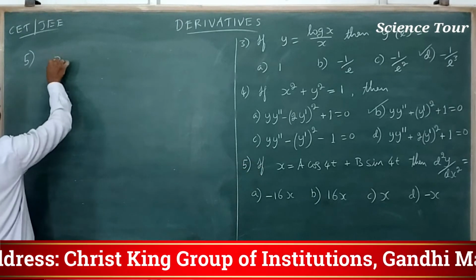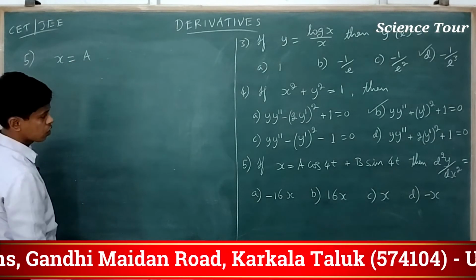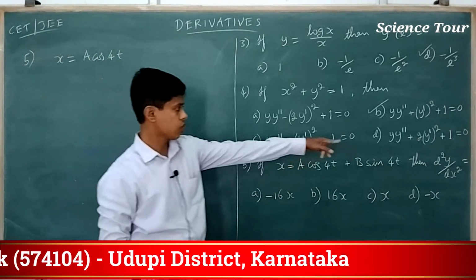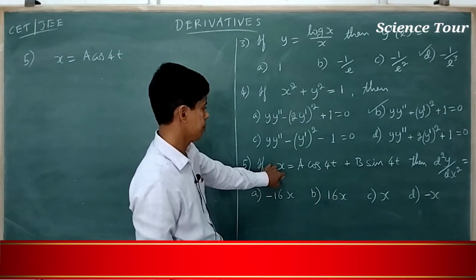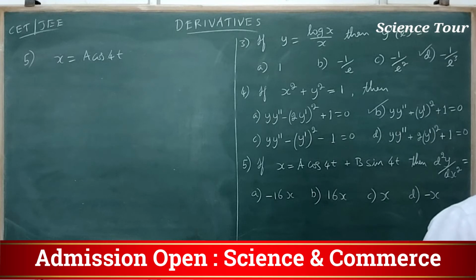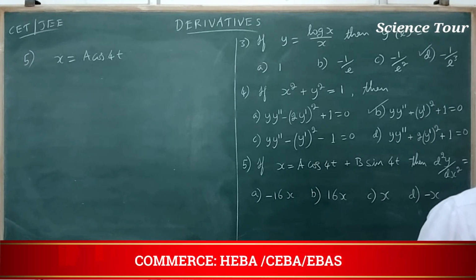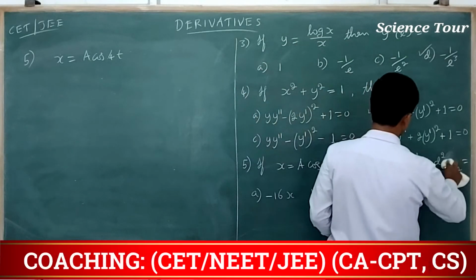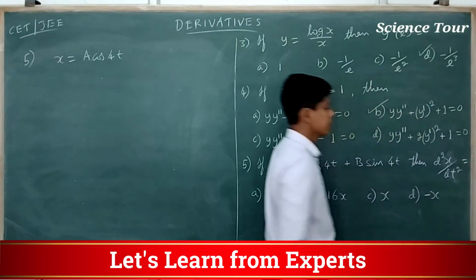If x is equal to a cos 4t plus b sine 4t, you have to find d square x by dt square.